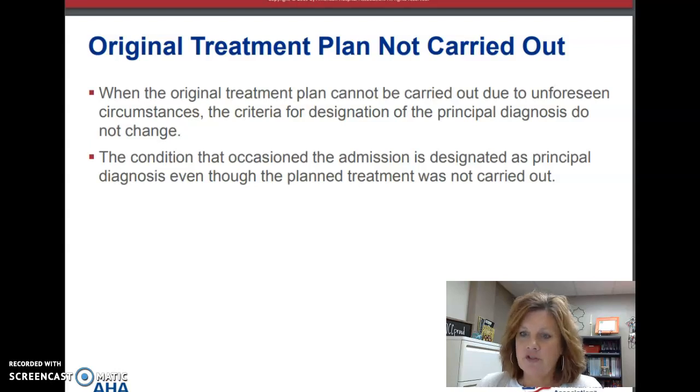So let's just say that my diagnosis of endometriosis is what I was going to have my hysterectomy for. That is still going to be my principal diagnosis. Okay, so cardiac arrest or myocardial infarction, again, is going to be another diagnosis, but what were you admitted for? You were admitted for endometriosis.